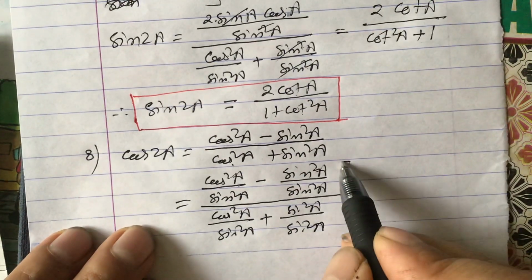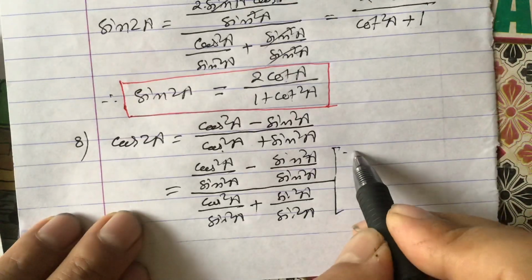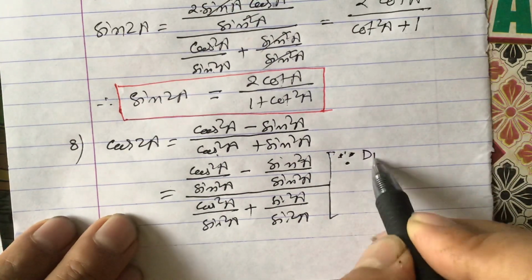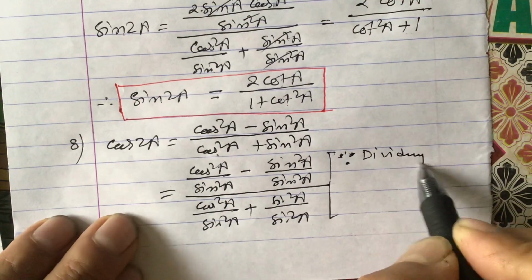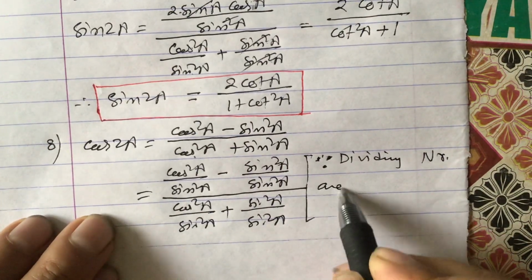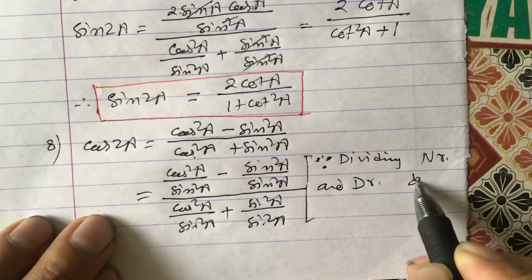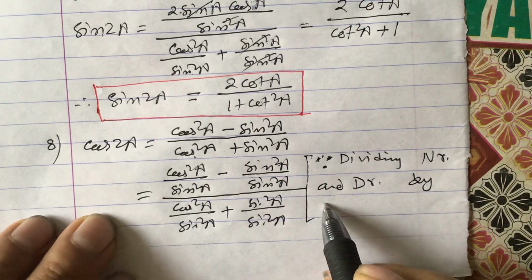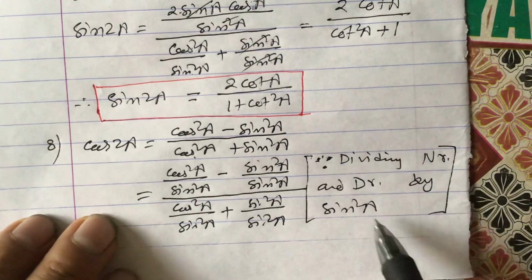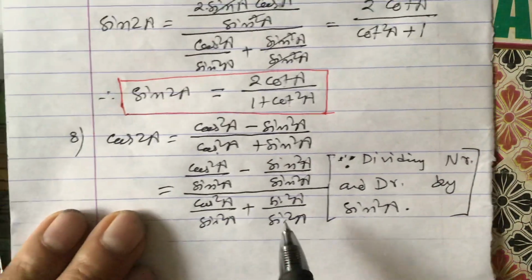We are dividing numerator and denominator by sine square a. So we got this one.